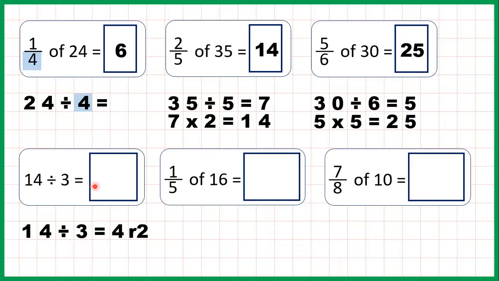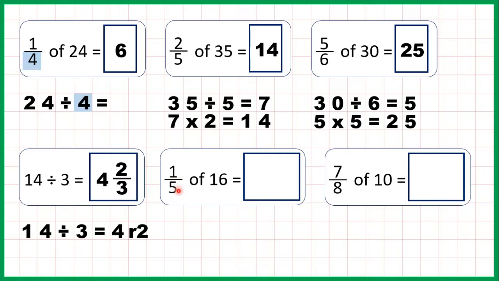So we could write 4 remainder 2 as our answer, but if we need to write our answer as a fraction, that's 4 because we have 4 wholes, we have 2 as our numerator, so the remainder 2 is our numerator, and then the denominator is just the number that we were dividing by. So that's 4 2/3. Notice it's not 4 remainder 2/3. It's either 4 remainder 2 or 4 2/3.